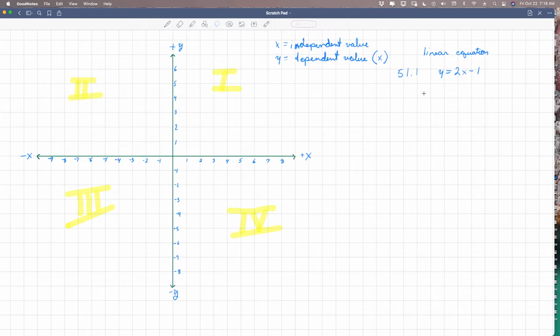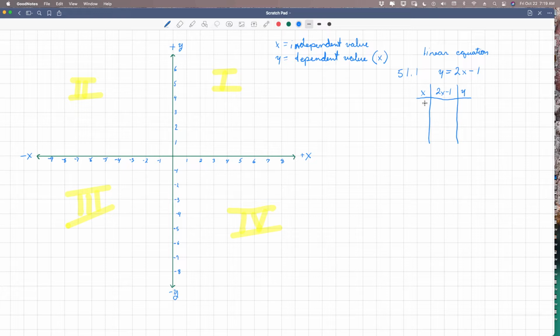So I'm going to make a table here. This is the x value. This is our equation, 2x minus 1. And then this is going to be our y value.